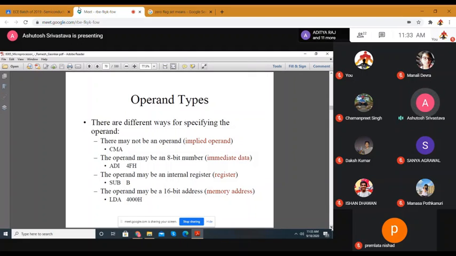The third one is when you are talking about the operations in the internal register of your CPU. And the fourth type of operand would be dealing with the data content in your particular memory address.